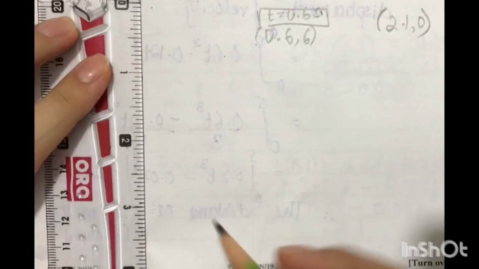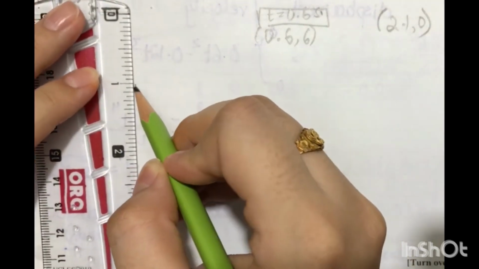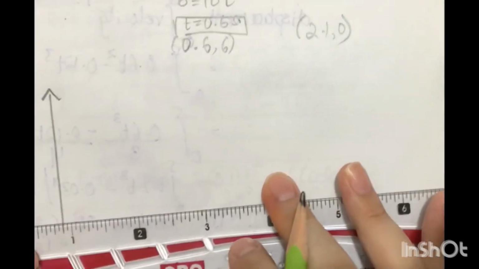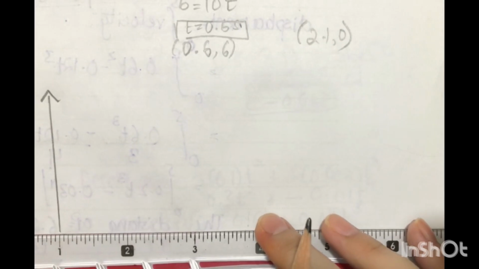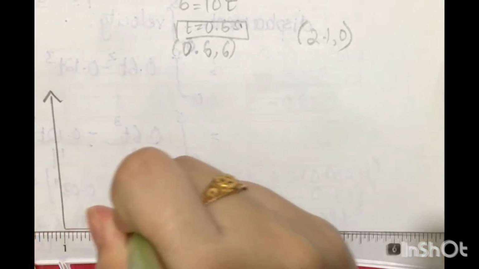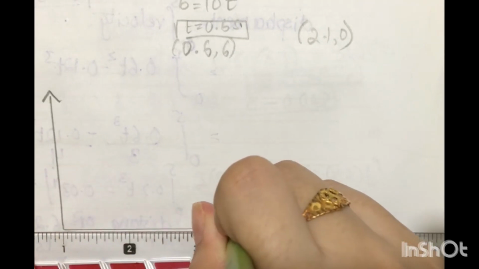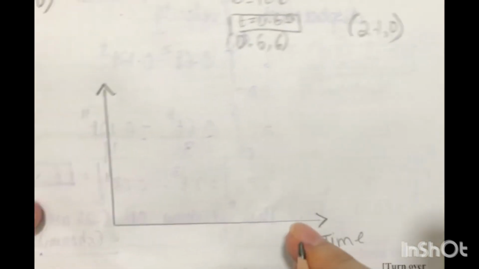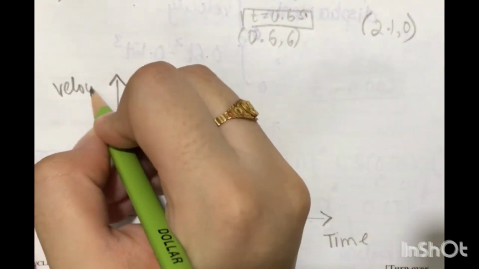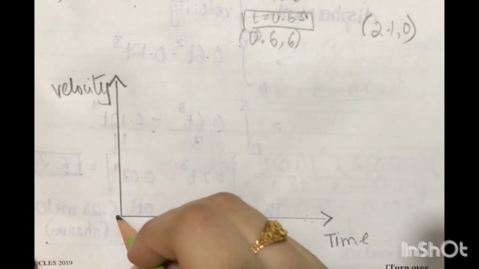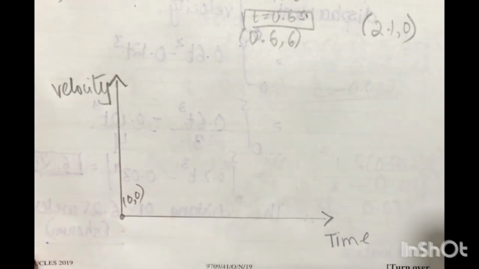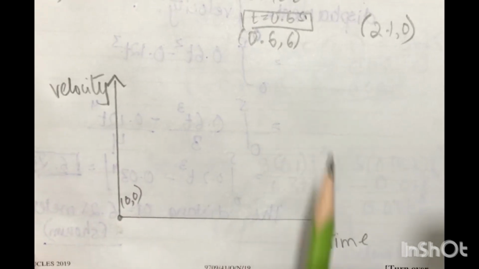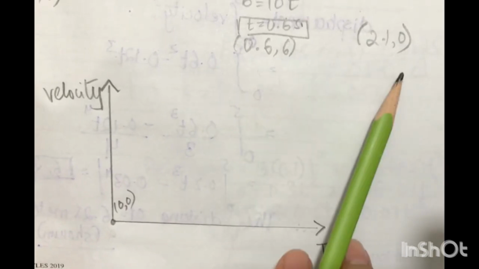We need to get a scale and measure. So I am taking 2 units on this axis, and then I'm taking 3 units. So label your graph. The x-axis will be time and the y-axis will be velocity. When t equals 0, velocity is 0. You can mark your points. For time, we can use increments of 0.7.